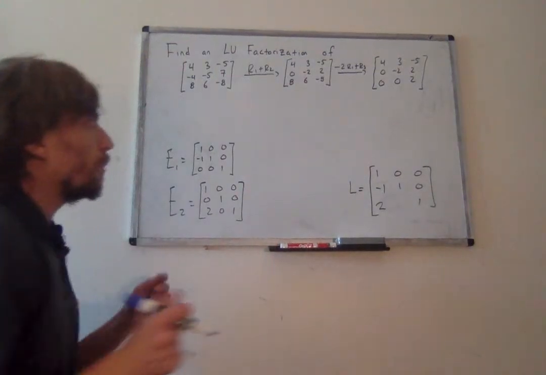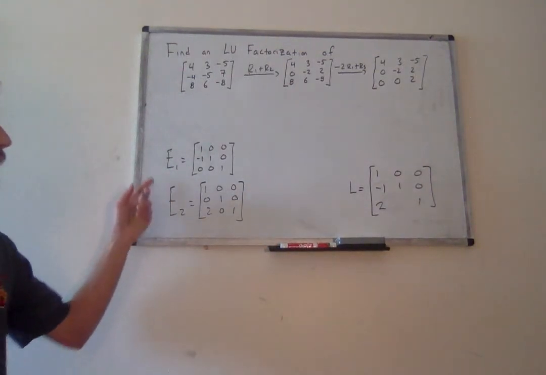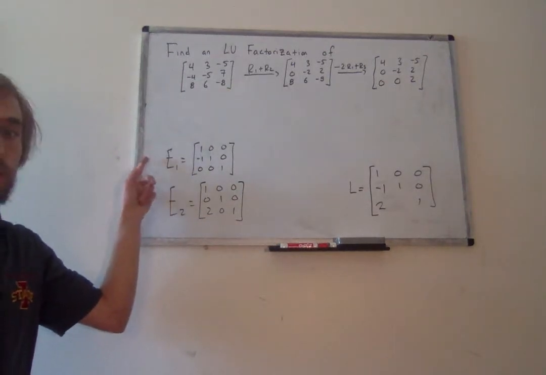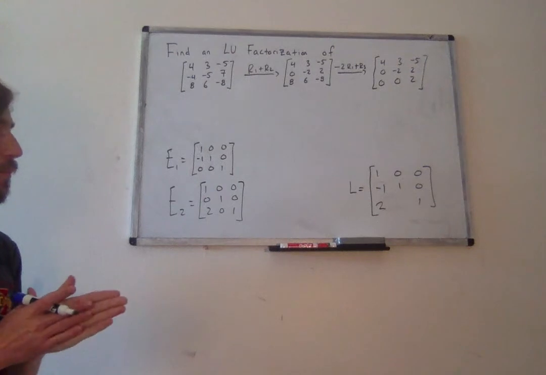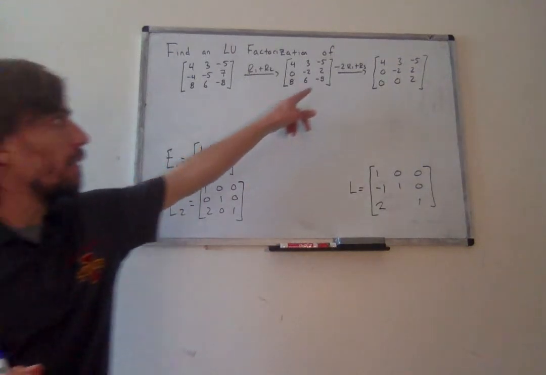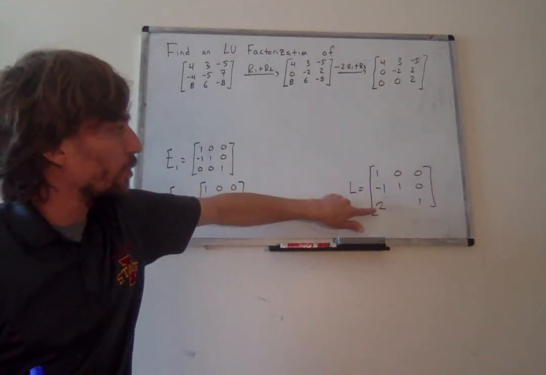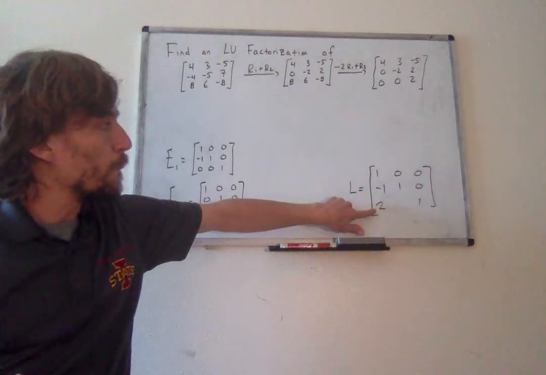And again, by opposite elementary matrix, I mean the matrix that performing this row operation on E1 would turn E1 into the identity. Alternatively, if I did this row operation on L, this would turn this entry into a 0.